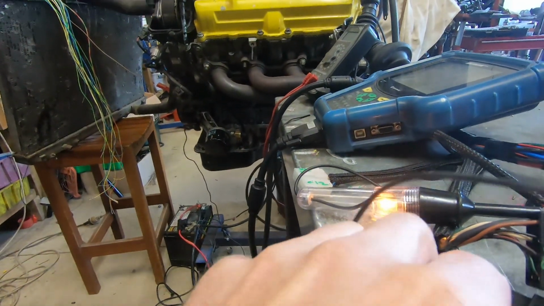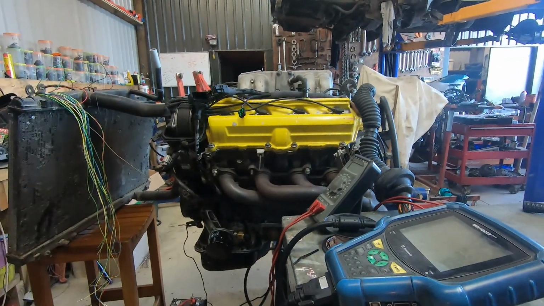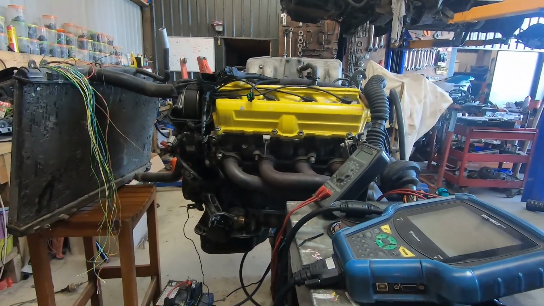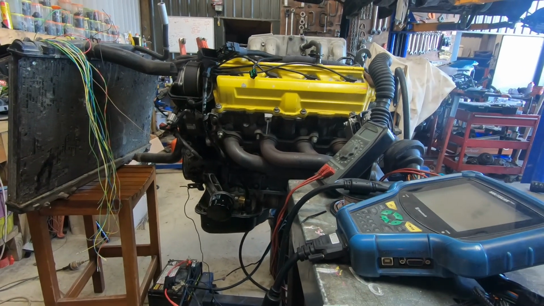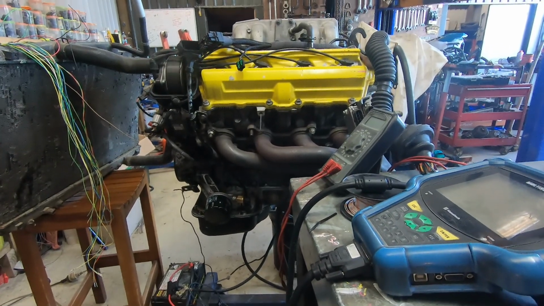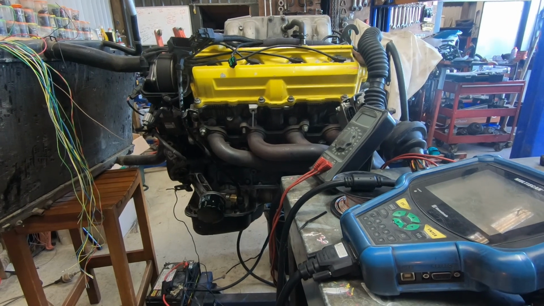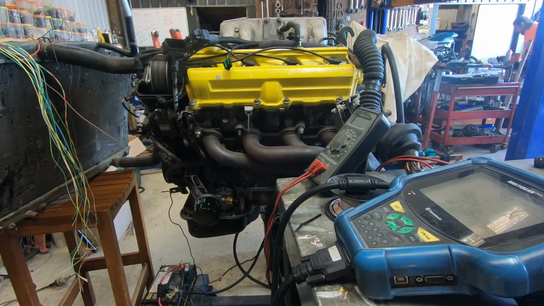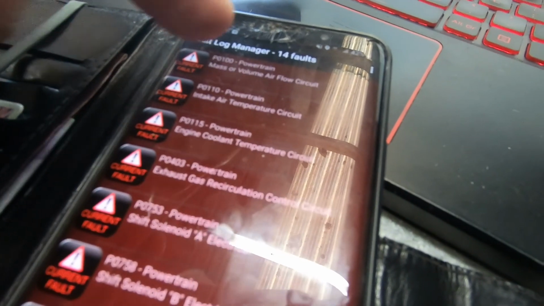While I was over there working on it, I induced another fault. Let's try start it. I've got a list of faults here.